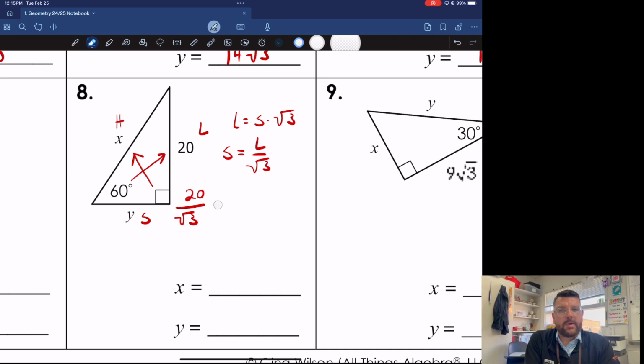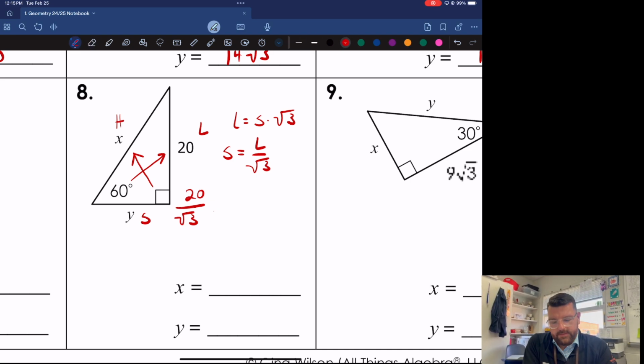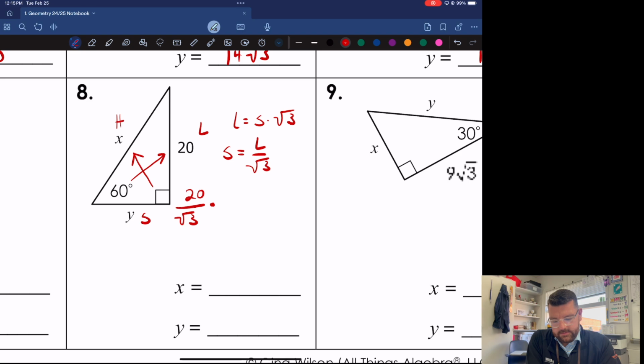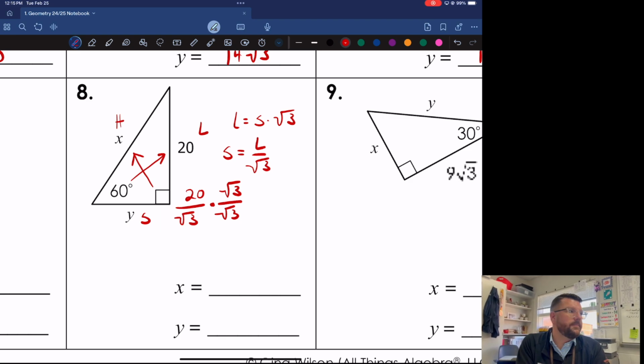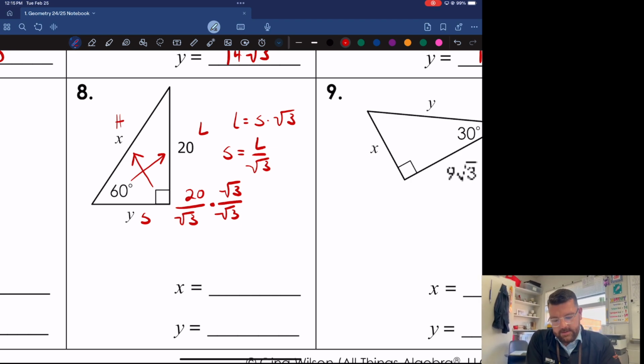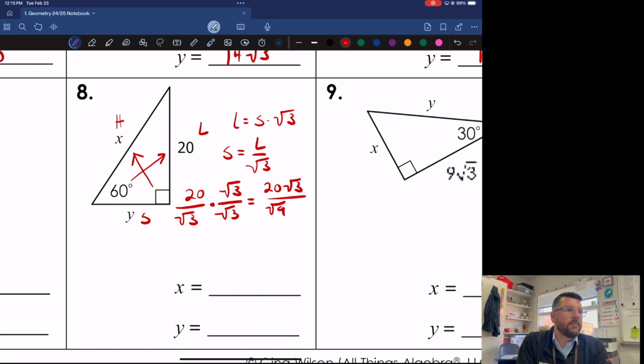Do we like square roots on the bottom of a problem? So what do we do? We multiply it to the top and bottom, right? I hope you guys have picked up on that now. This is day 3 of us doing this. This gives me 20 root of 3 on top, square root of 9 on bottom.